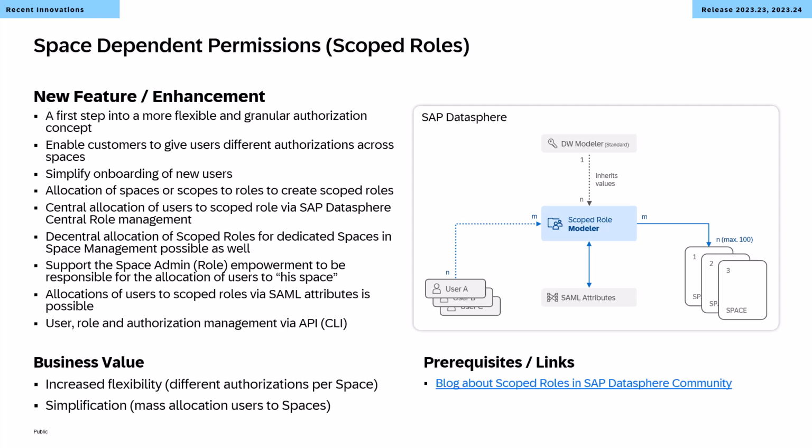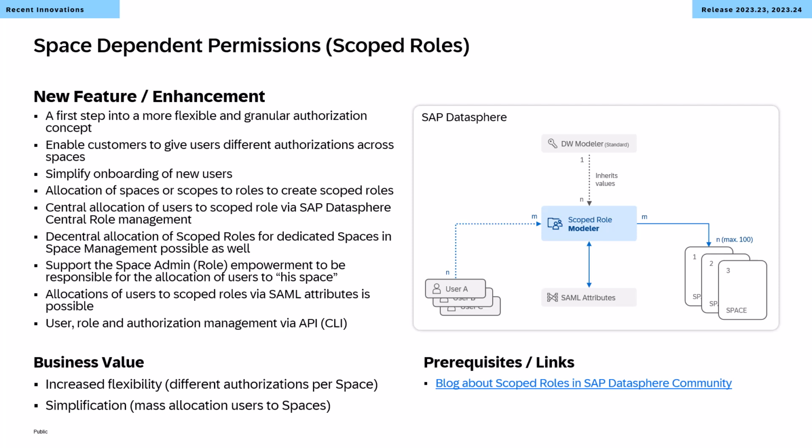What's behind this idea is basically to get more flexible and more granular authorization concepts established in Datasphere. So basically giving different authorizations across spaces, and so simplifying the onboarding of new users.